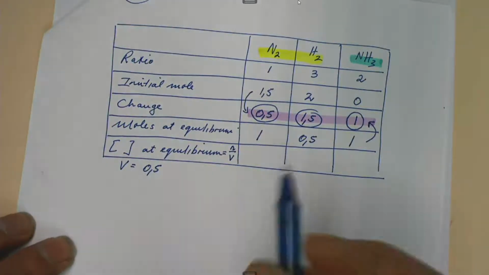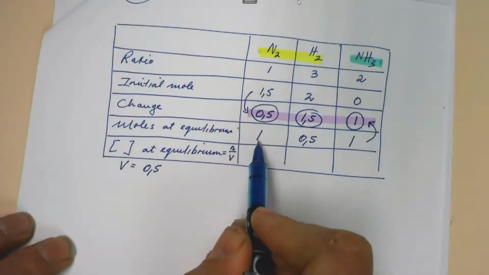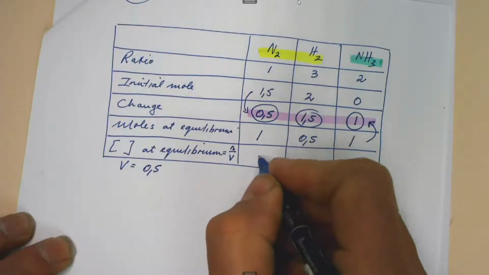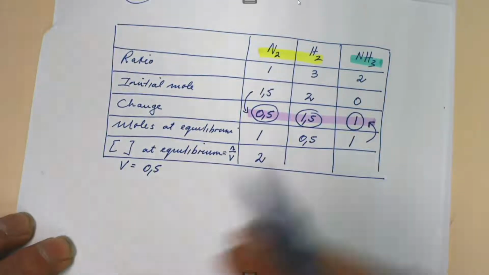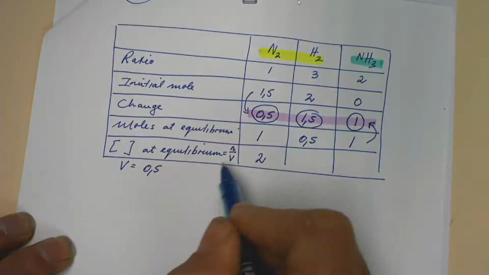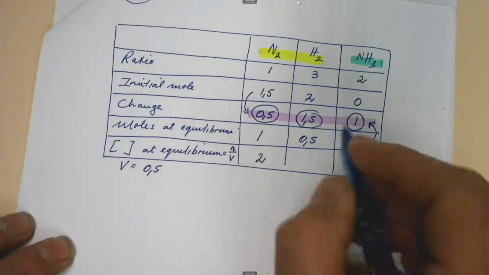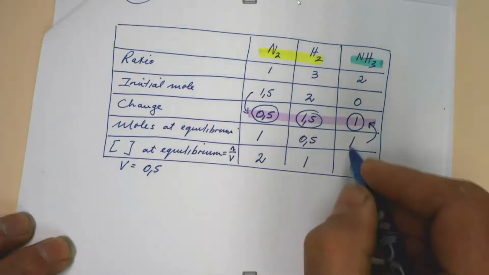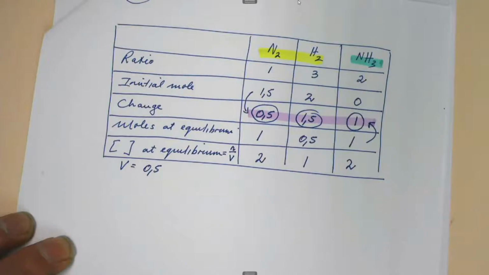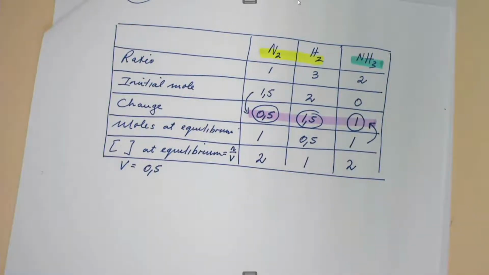All right, so I take my number of moles at equilibrium divided by the volume, 1 divided by 0.5, that gives me a value of 2. 0.5 divided by a volume of 0.5, according to this equation, will give me 1, and 1 divided by 0.5 again is going to give me 2. Now I have my concentrations at equilibrium.